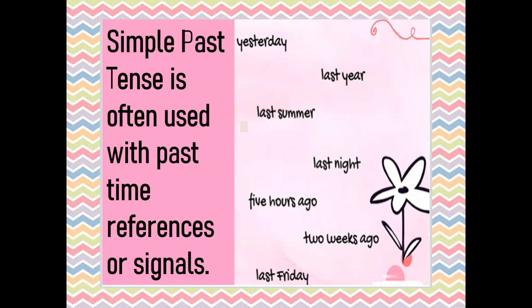Simple past tense is often used with past time references or signals, right? Examples are here. We talk about yesterday, last year, last summer, last night, 5 hours ago, 2 weeks ago, and last Friday, right?